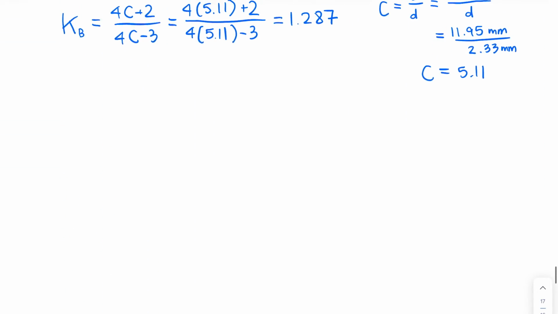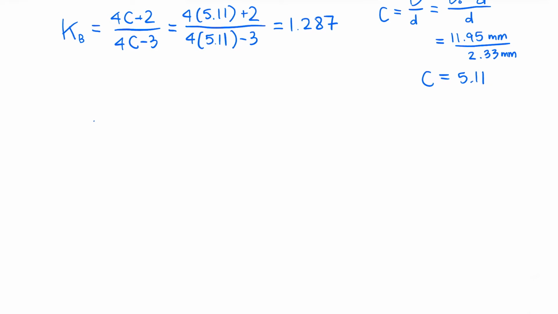So let's write out what the Gerber criteria is in shear. It is our alternating shear stress divided by the shear endurance limit plus the mean shear stress over torsional modulus of rupture squared equals 1.